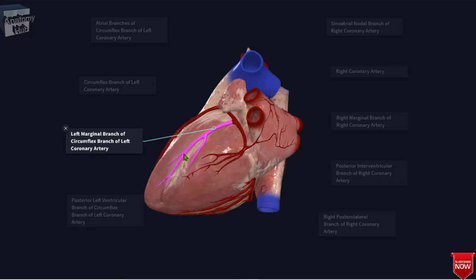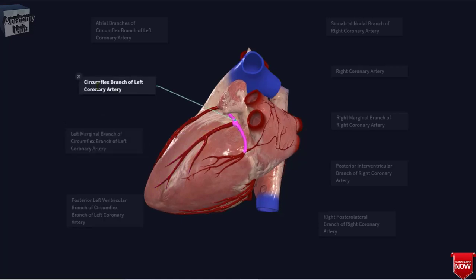The left marginal artery supplies the left ventricle, and the circumflex branch of the left coronary artery supplies the left atrium and the left ventricle. So this is the summary of the blood supply to the heart.